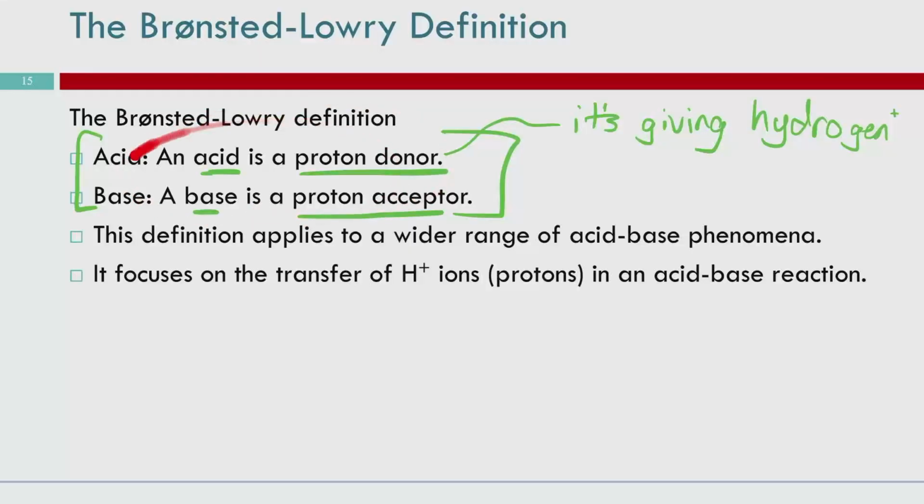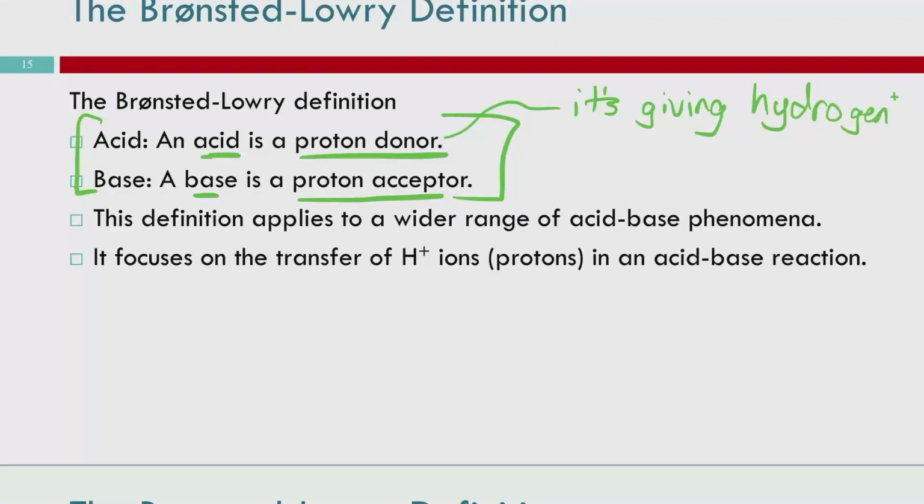This definition, the Bronsted-Lowry definition, is nice because it applies to a wider range of things that behave like acid-base reactions. It's focused on the transfer of protons rather than focusing on whether they produce protons or hydroxides in aqueous solution.